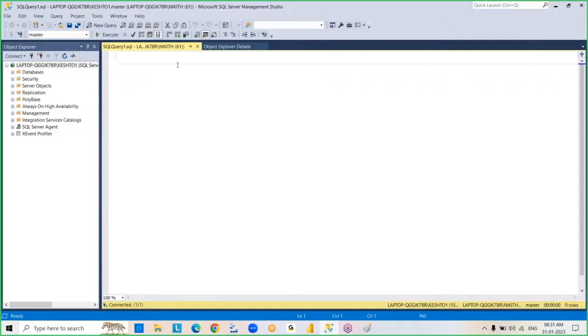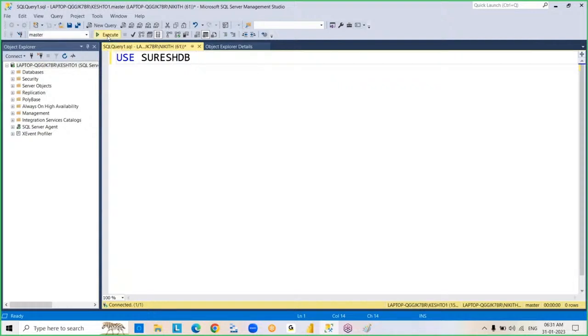But before that, we have to select our database name. Suppose my database name is Suresh DB. How can I select the database? Like this: USE Suresh DB. Execute this statement so that you'll be connected to the Suresh DB database. See here you have the Execute button.